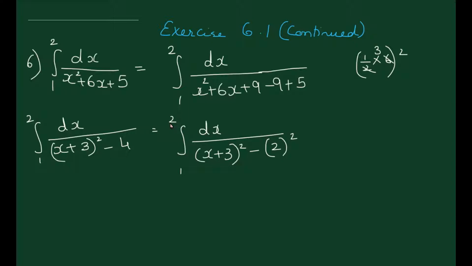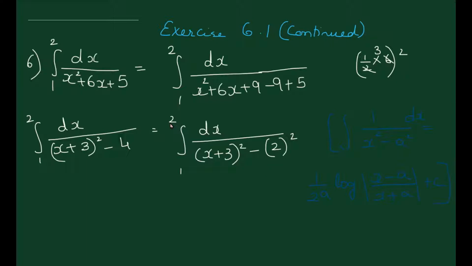Now this is of the formula, the integral of 1 upon x square minus a square, isn't it? The answer for which becomes 1 upon 2a log mod of x minus a upon x plus a plus c.